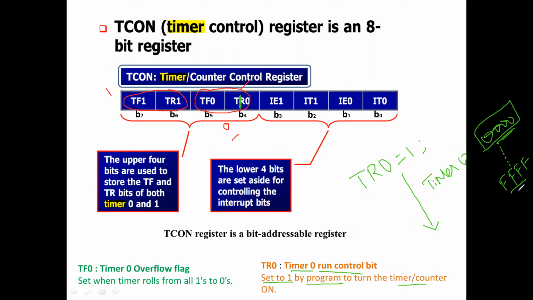Once it reaches FF, it will get back to 0, which means it is an overflow. If there is an overflow, then the TF flag will automatically be set to 1 by the controller if you're using timer 0.